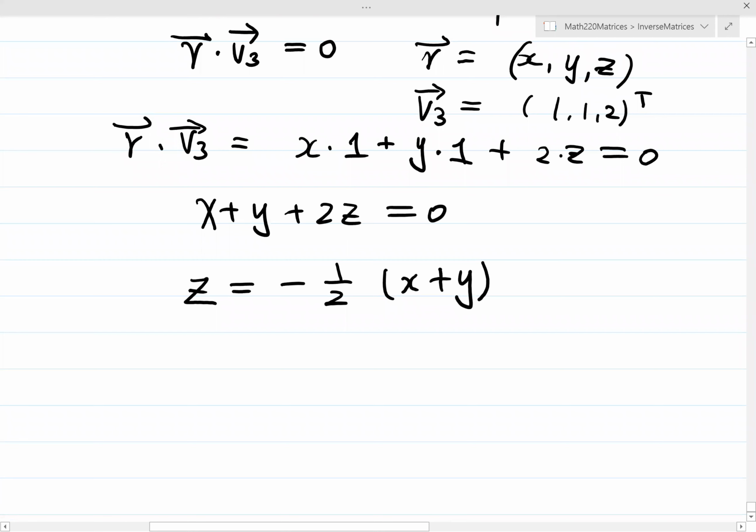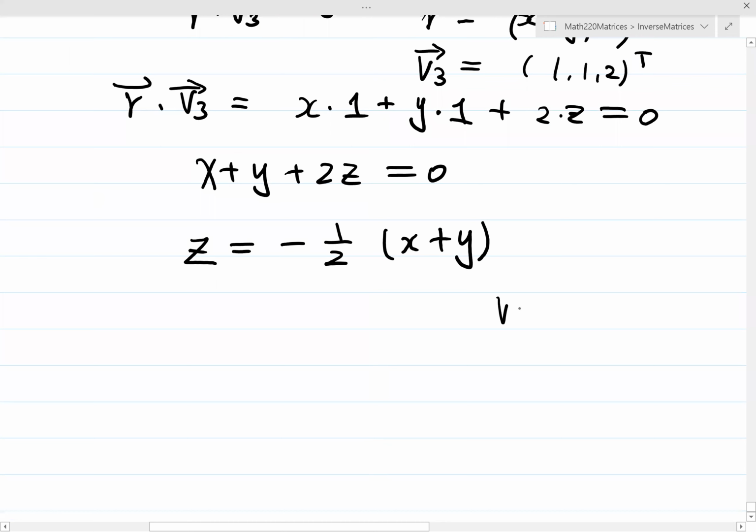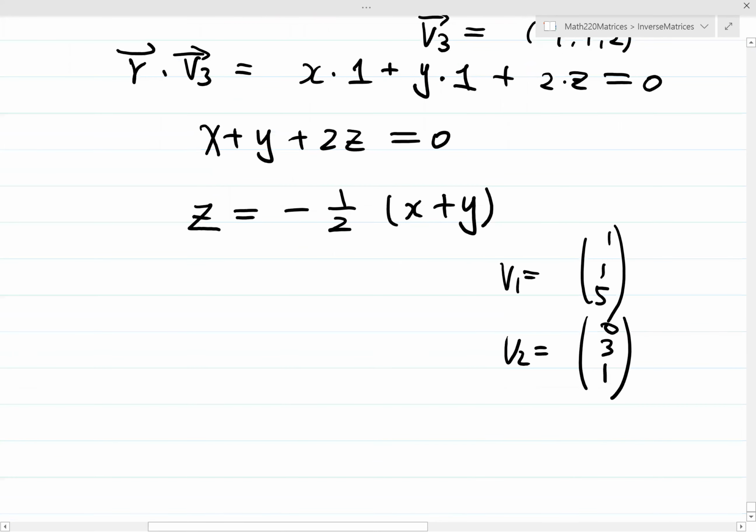Remember, we need a column space that contains V1, which is 1, 1, 5, and V2, which is given by 0, 3, 1. Once X and Y are determined, we write Z uniquely as negative 1/2 times X plus Y. So we just write V1 as 1, 1, 5, which gives us the first column.